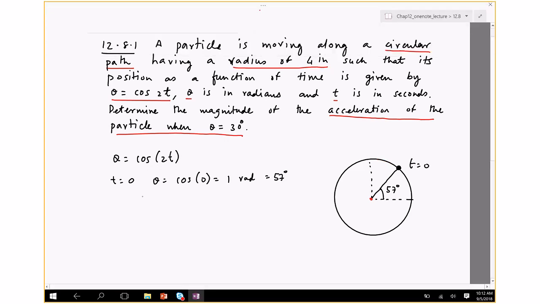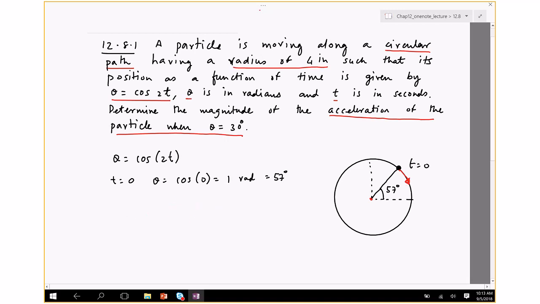So for example, just to make my life easy, I'm going to put t equals pi divided by 2. So if you put pi by 2, you get cosine of pi, which is, what's cosine of pi? -1. So it's going negative. So that means it's moving this way and not counterclockwise like I had shown it earlier.